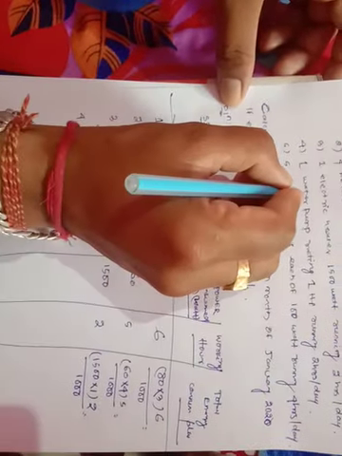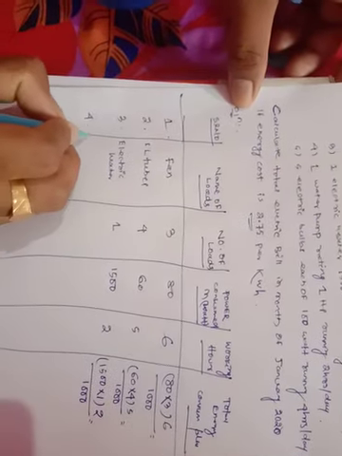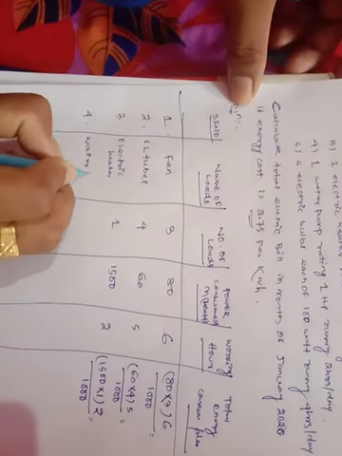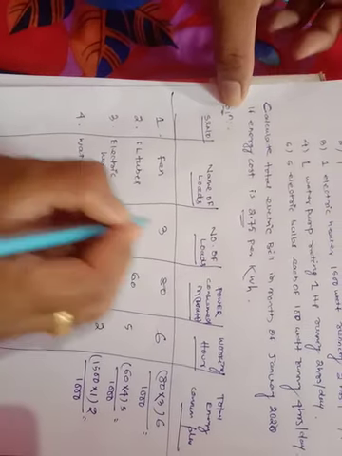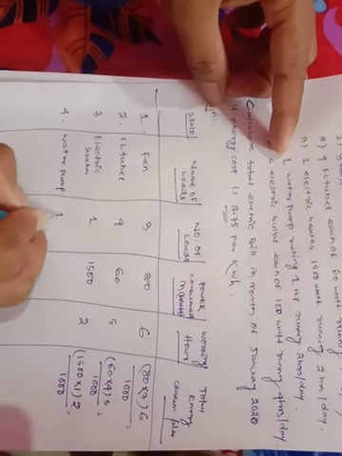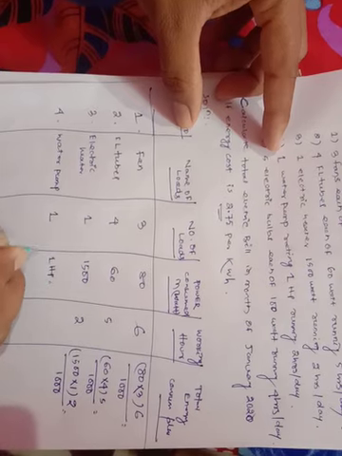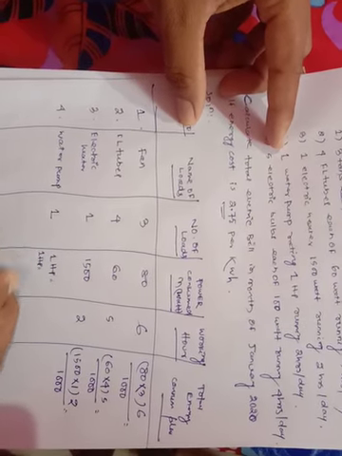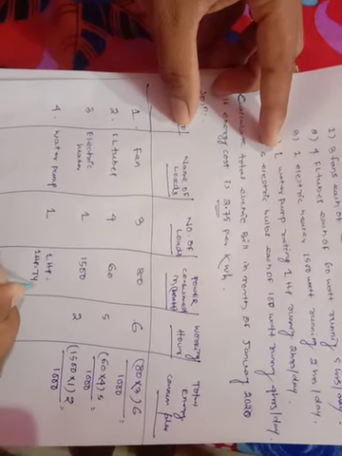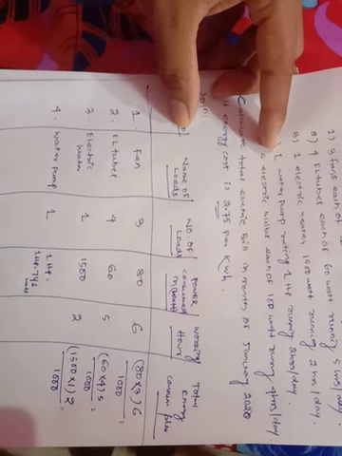The load is the water pump, number of loads 1, and rating 1 HP. 1 HP equals 746 watt in the British system.